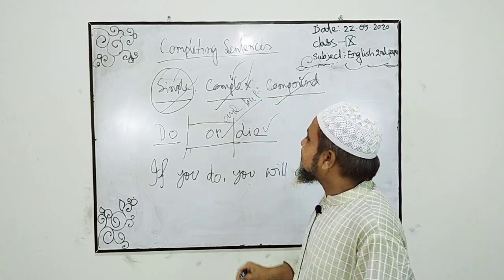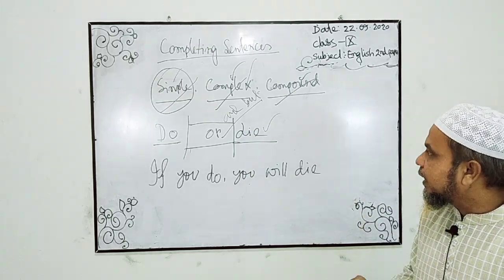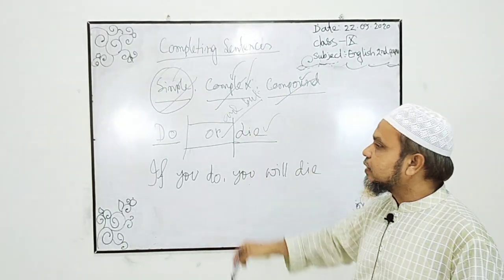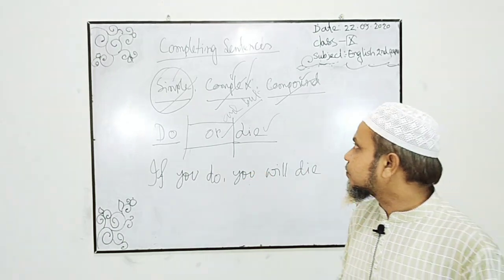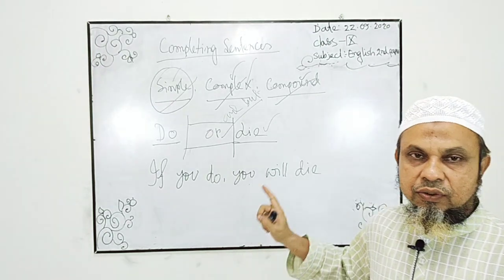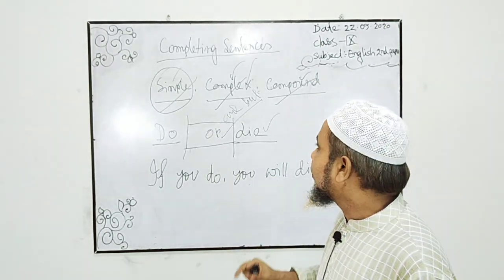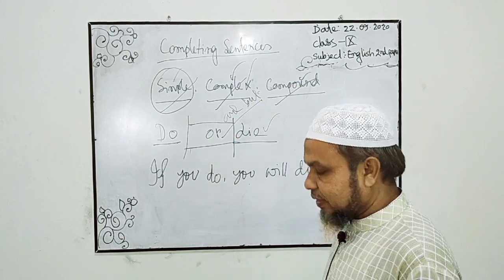But a complex sentence has many conjunctions, and the conjunctions are used before subordinate clauses. From my lesson, I think you understood the structure of simple, complex and compound sentences.